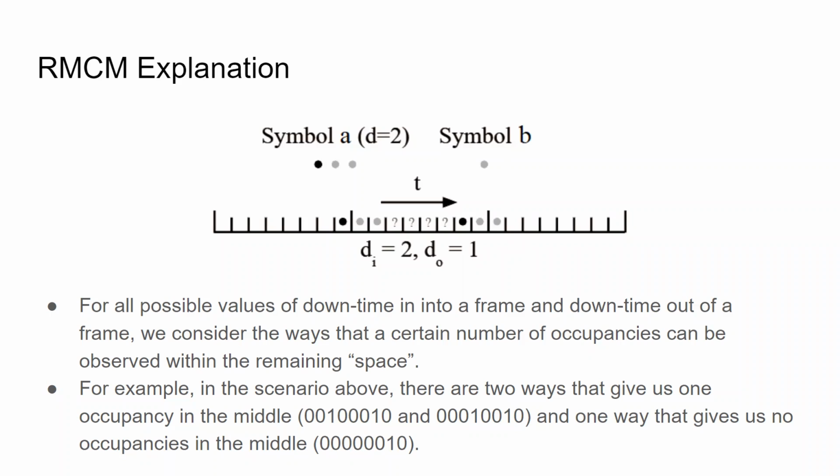The reason why I say that it's polynomial growth instead of exponential growth is that the combination of possible ways we can have downtime in and downtime out is not exponential. But the ways you can arrange the occupancies inside the remaining space, I'll explain what remaining space means later, that is exponential, but we're combining all of those together.